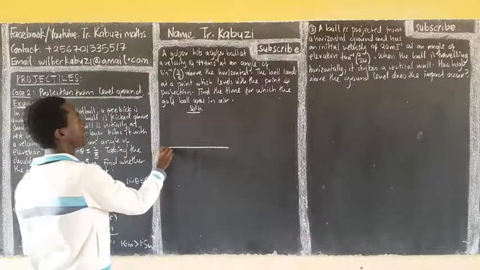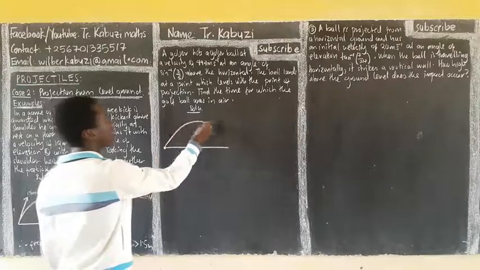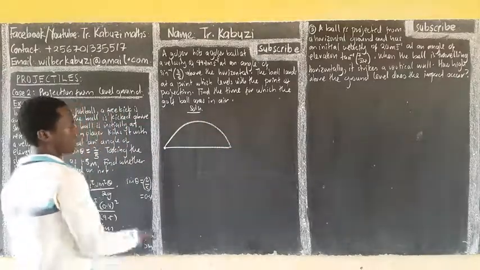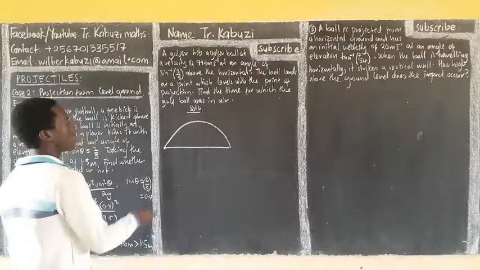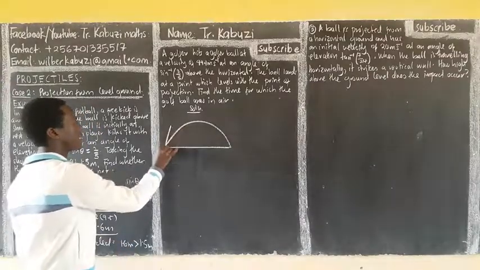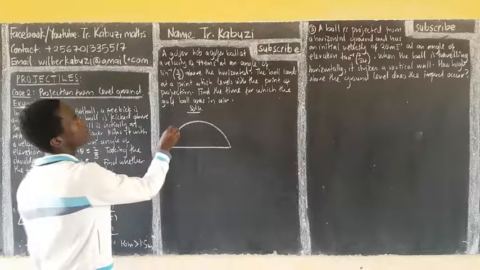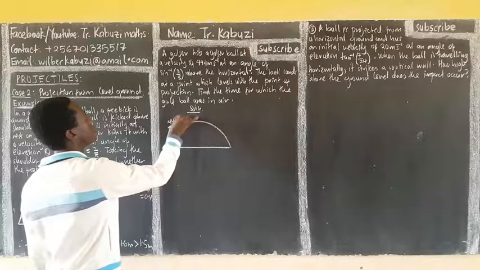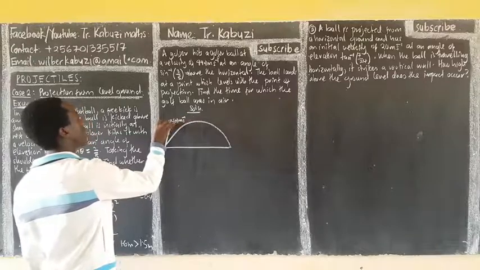When he hits it, it is going to rise like this, then it will fall at a point level with the point of projection. So this man is hitting it with an initial velocity of 44.1 meters per second. So this is always our u.